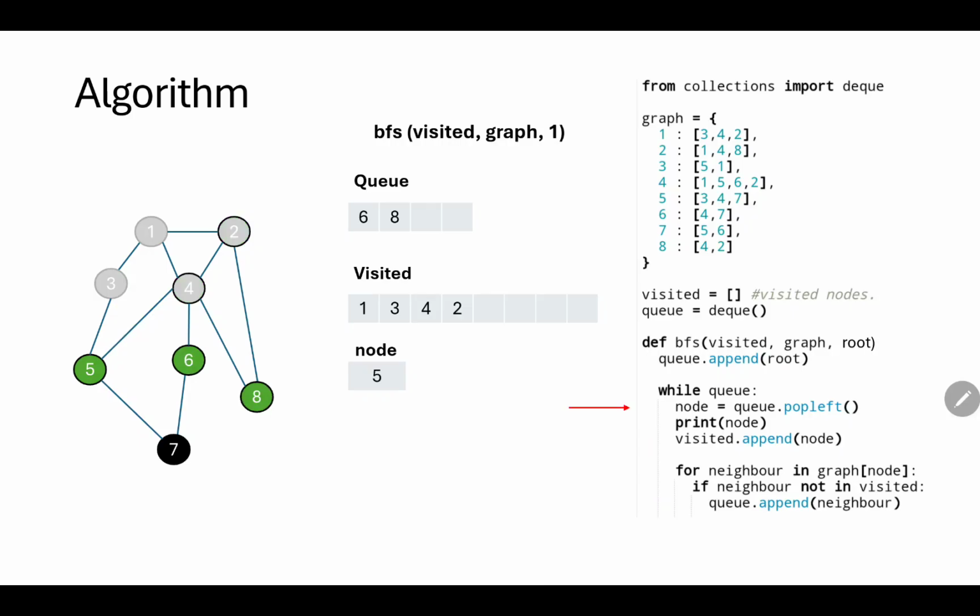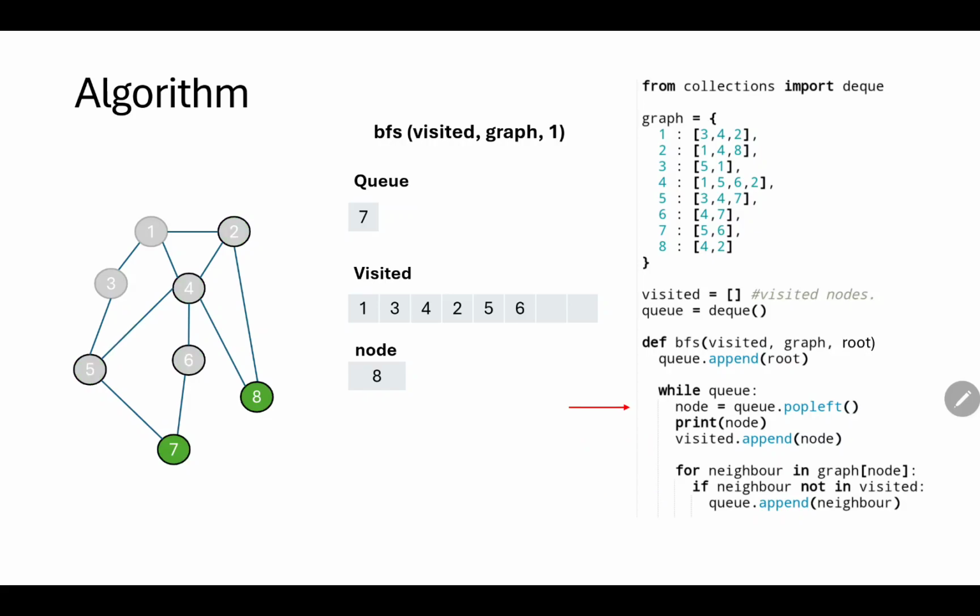Now we pop the left, which is node 5, append to visited, and pop the next node, which is node 6 now, as shown in the node variable. So this process is going to continue until the queue is empty.